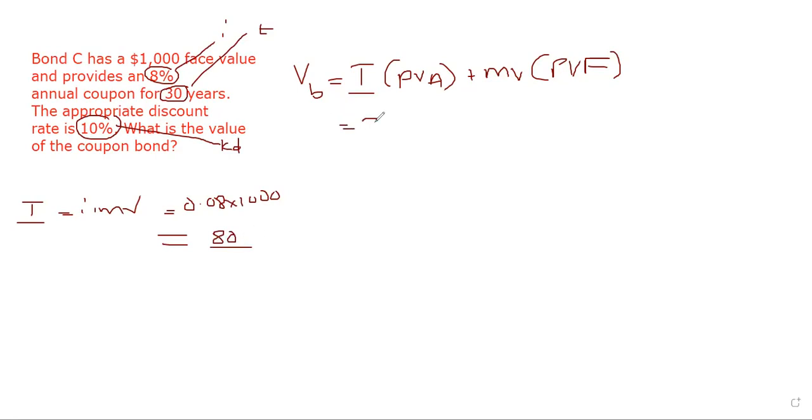So we'll put our 80 there. Then our maturity value or face value 1,000 will come there. Then we have two interest factors. Our present value factor at 10% in 30 years.